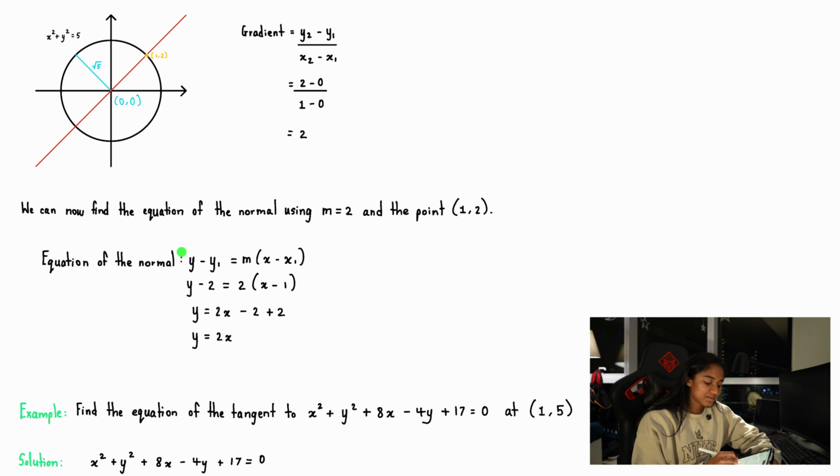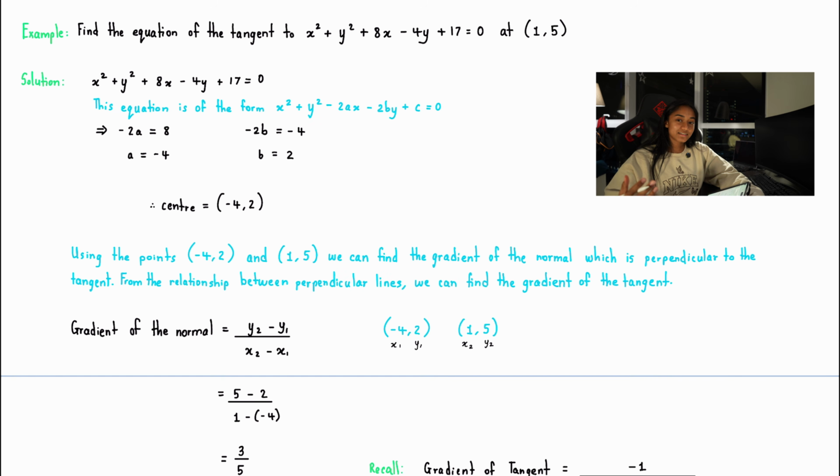To do that, we simply substitute into this equation, which is y minus y1 is equal to m times x minus x1. So substitute in here (1, 2) with the gradient that we found, and we get y is equal to 2x, and that's the answer.